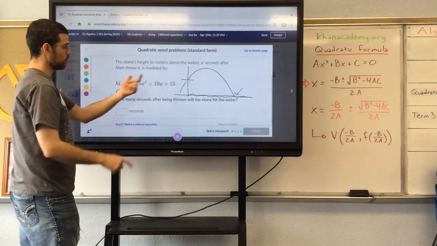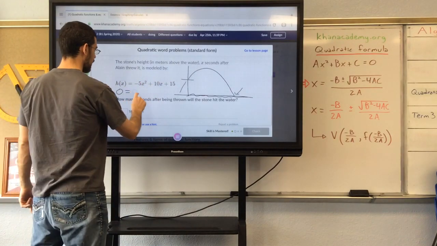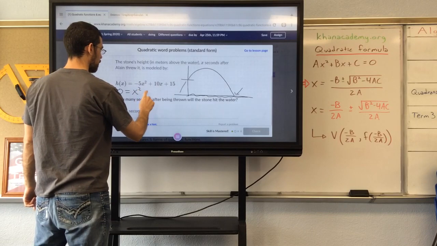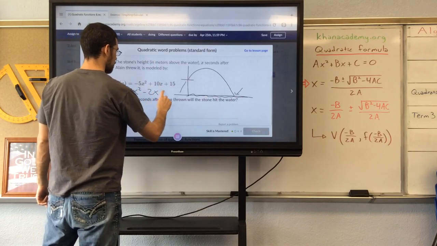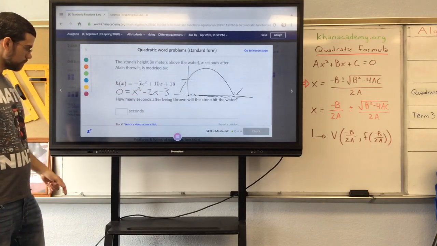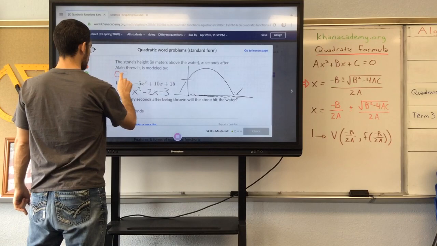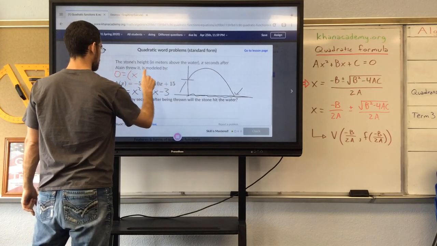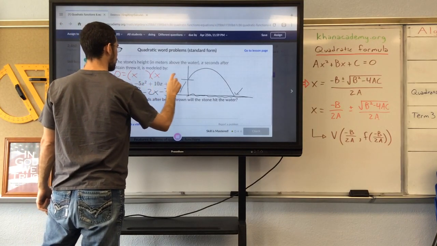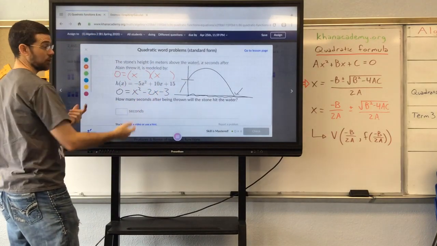All right, so if we divide both sides of the equation by -5, we get x squared minus 2x minus 3, and we can solve this equation. We can factor it, so let's say 0 equals x plus something times x plus something. Let's see if we can factor this.